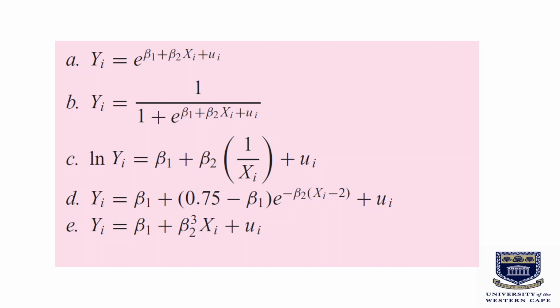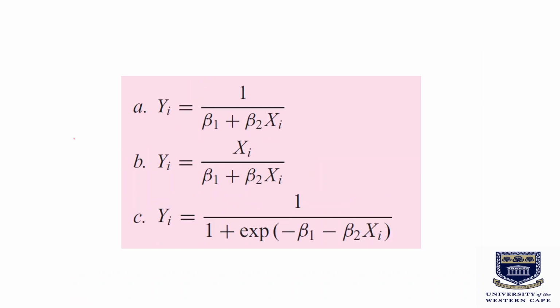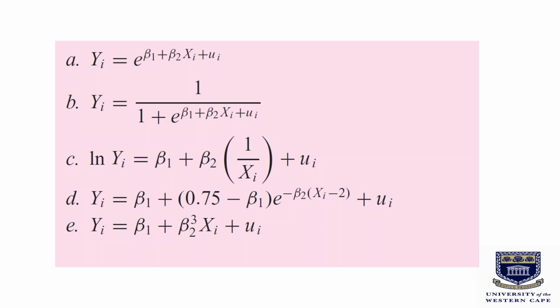Now, here we have some specifications where transformations might make the models linear. So none of these models are linear in beta 1 and beta 2, except for C, right? So model C in its original state is linear.